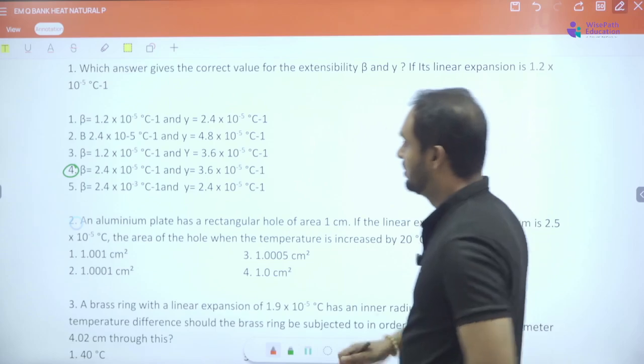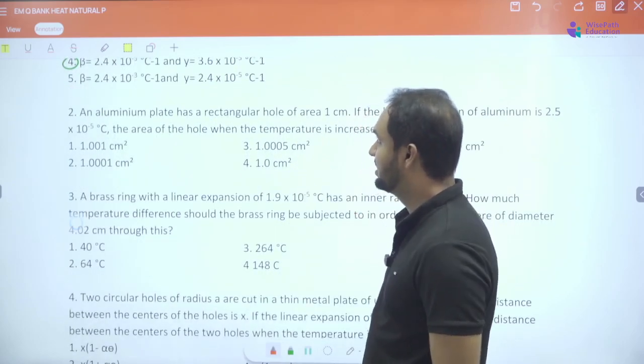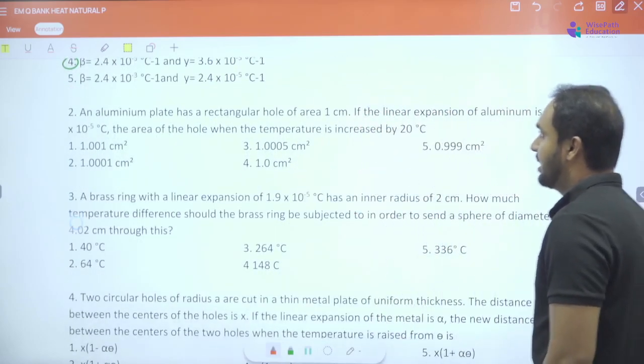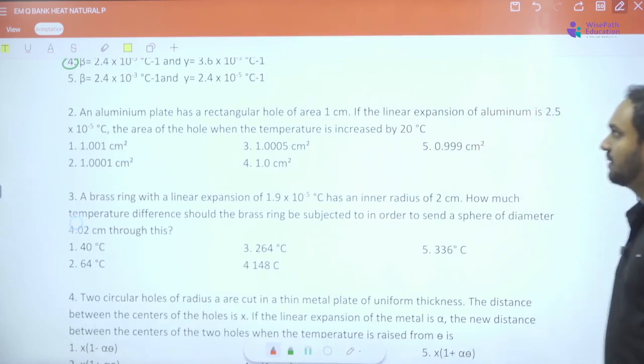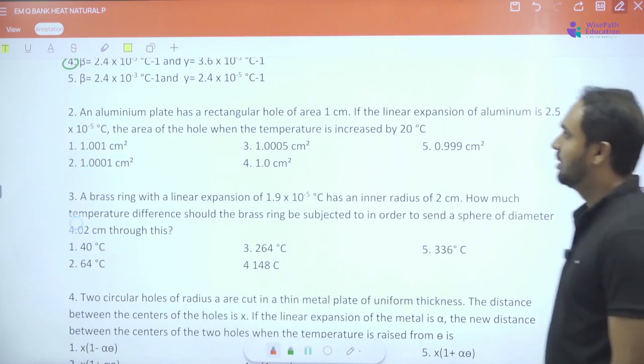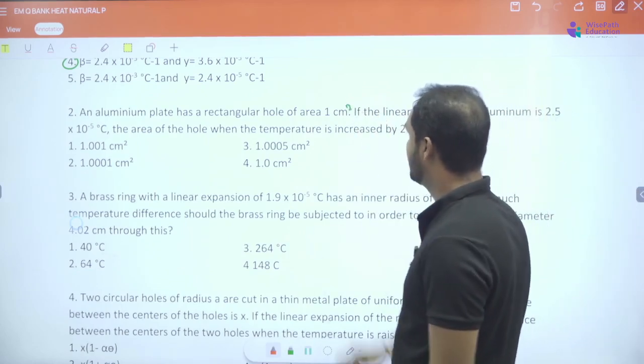The next question, second question: an aluminium plate has a rectangular hole of area 1 square centimeter.